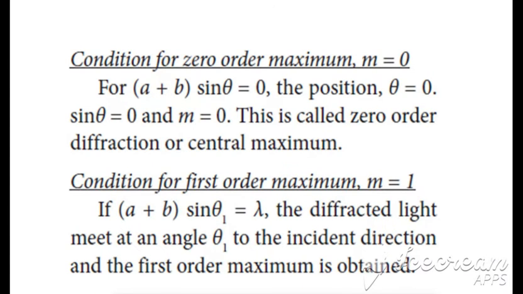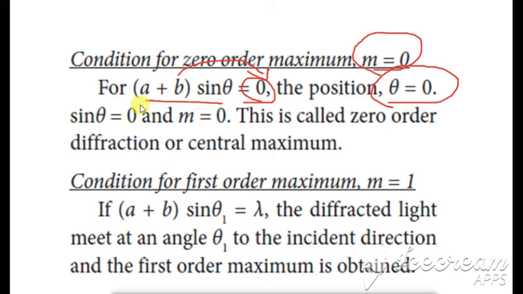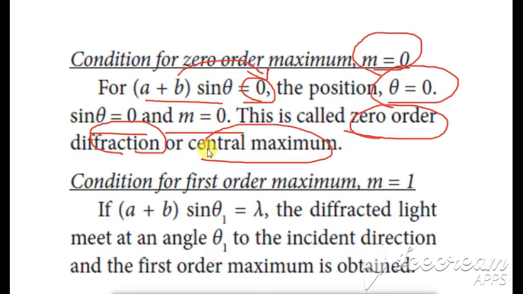For zero order, m is equal to 0, so a plus b sine theta is equal to 0. Then theta is also equal to 0, because sine theta is 0. All the values are 0, so this is called zero order diffraction or central maximum.